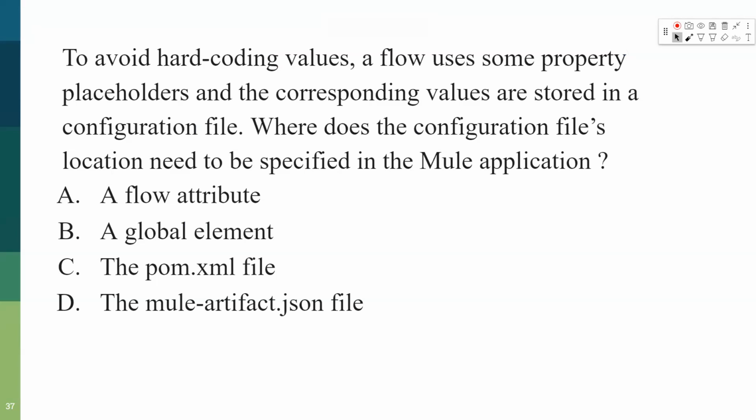Rather than hard coding values, like for example, you remember when we were connecting to databases, rather than putting the password, the username, and database in the connection, we were using a configuration file. So where does the configuration file's location need to be specified in the Mule application? A, a flow attribute, B, a global element, C, the POM XML file, D, the Mule artifact JSON file.